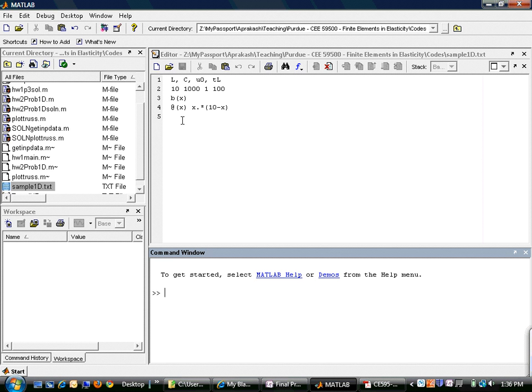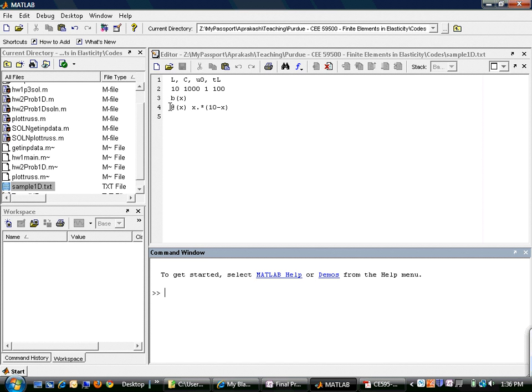How many of you are actually familiar with this sort of notation in MATLAB? Okay, not very many. The way that we create an inline function in MATLAB is using function handles.